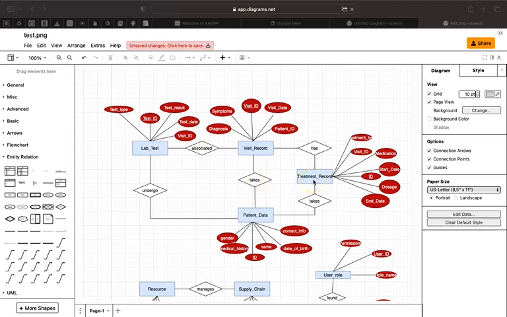Treatment record has a relationship with patient ID, because the patient takes the treatment. The relationship can be one to many, because one patient can take multiple treatments.